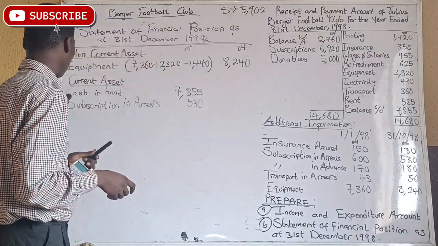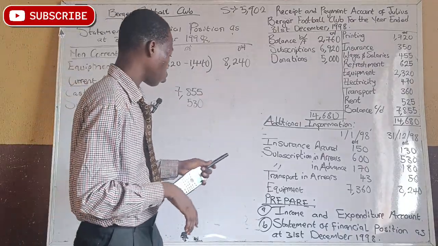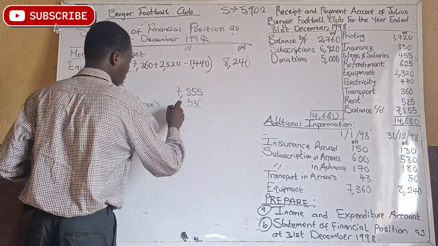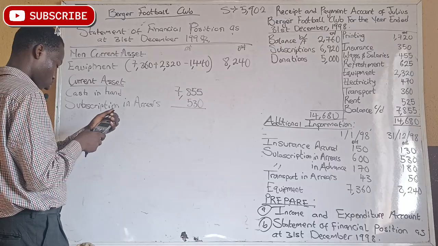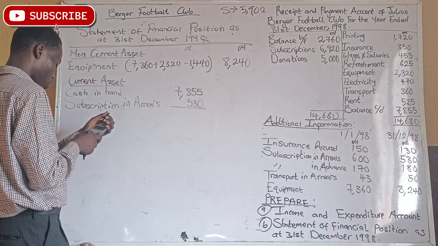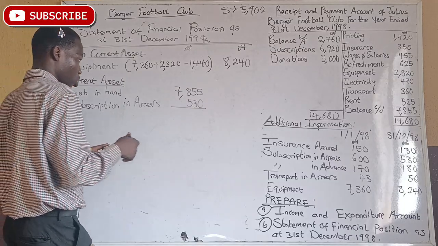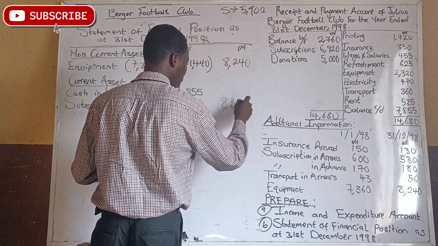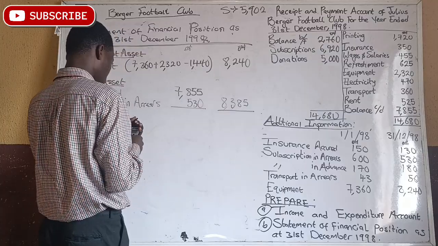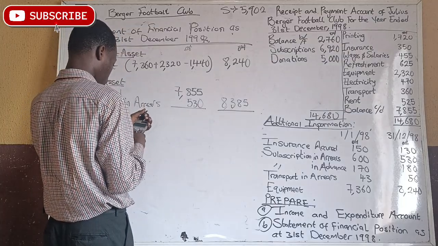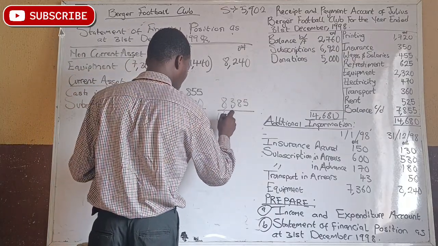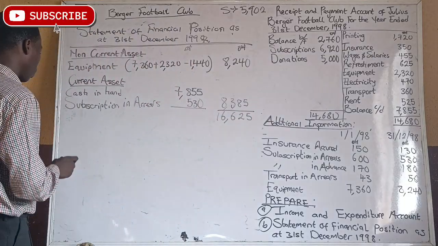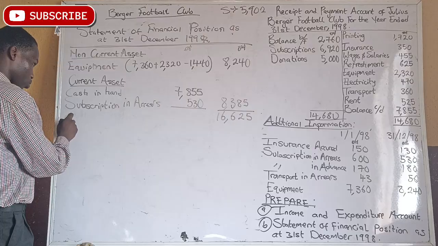What other current assets? Let's look at it carefully. That is all. So let's add this up. 7,855 plus 530 will give us 8,385 naira. Then we'll add it up with this. The total is 16,625. After that, we'll move to our current liabilities.